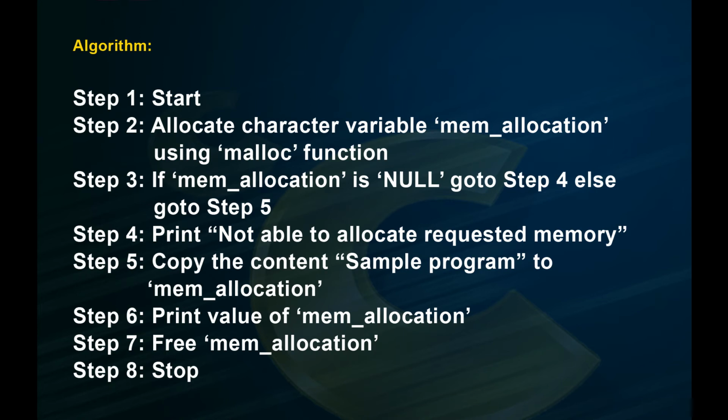Step 4, print not able to allocate requested memory. Step 5, copy the content sample program to mem_allocation. Step 6, print value of mem_allocation. Step 7, free mem_allocation, and step 8, stop.